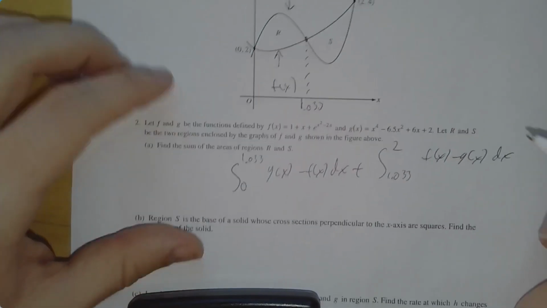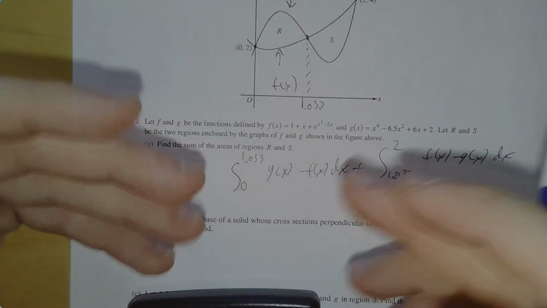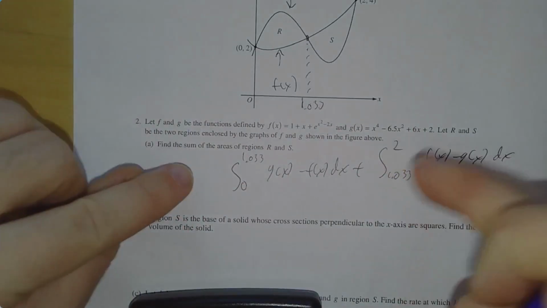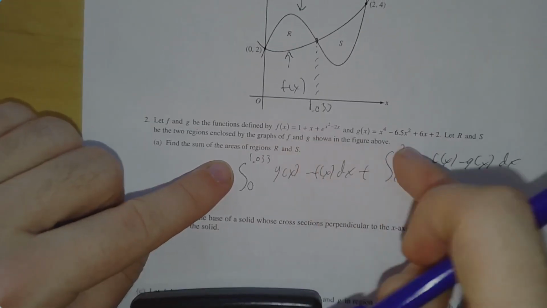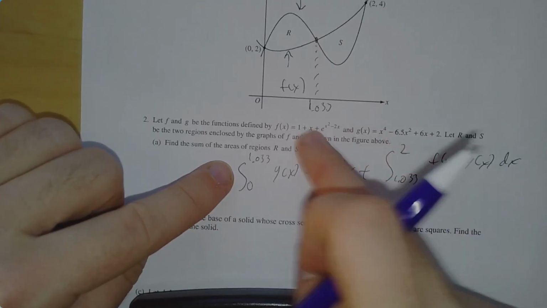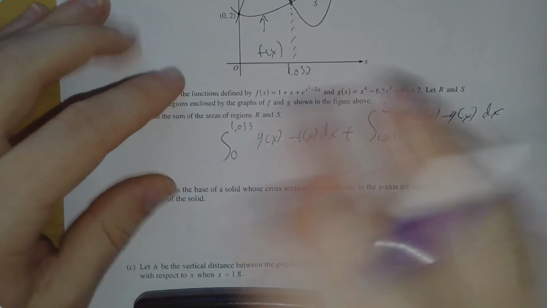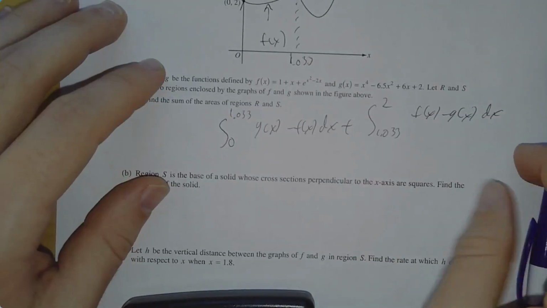That's it. If it was a no calculator question, this could be the end of it, or if it was simpler functions, they could make you take the antiderivative. But in this case, we do this in the calculator.